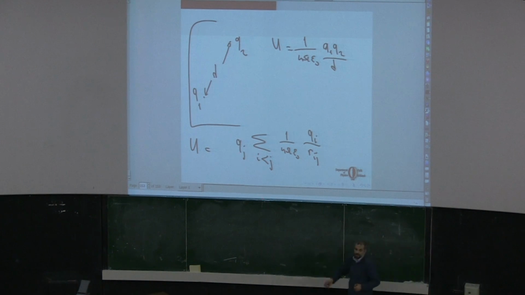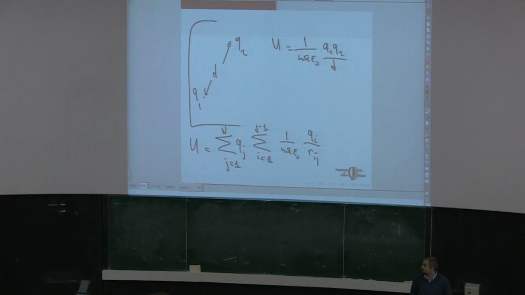Then, of course, I have to bring all the charges. J, I don't know how many charges you have, let's say from 1 to n. Let me also write this in another form: i starting from 1 to j minus 1.